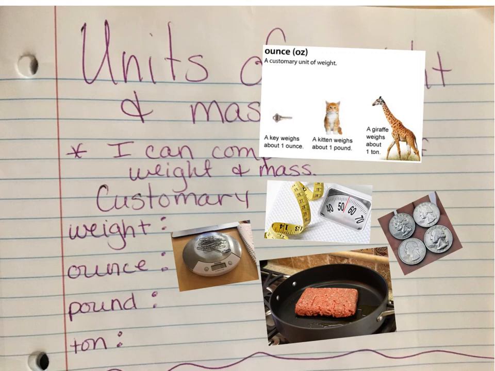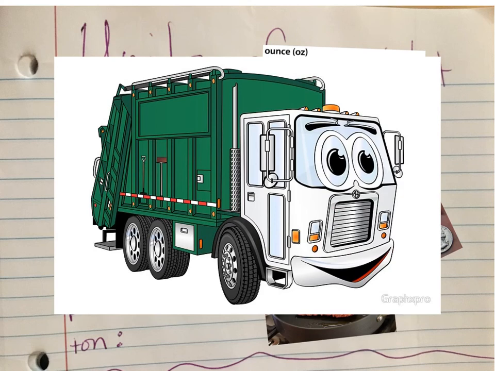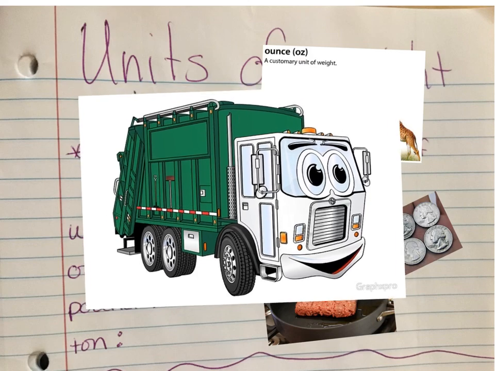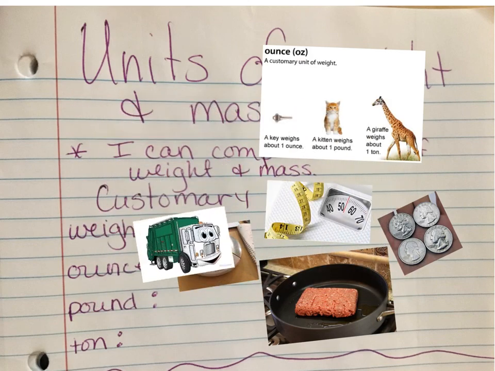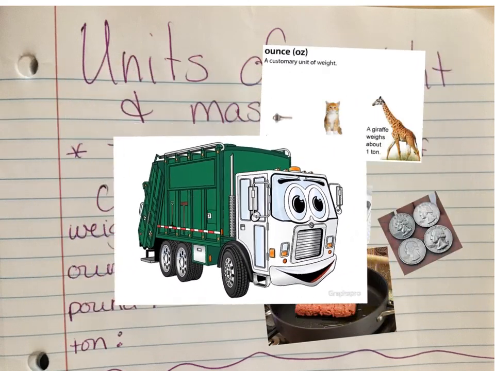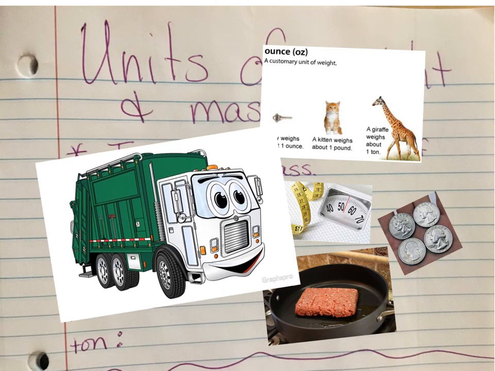And then for ton, I have this garbage truck. It's going to be about a ton. And in The One and Only Ivan, they took Stella and put her into a garbage truck. So I wanted to also think about, well, how heavy would an elephant be? So I looked it up.